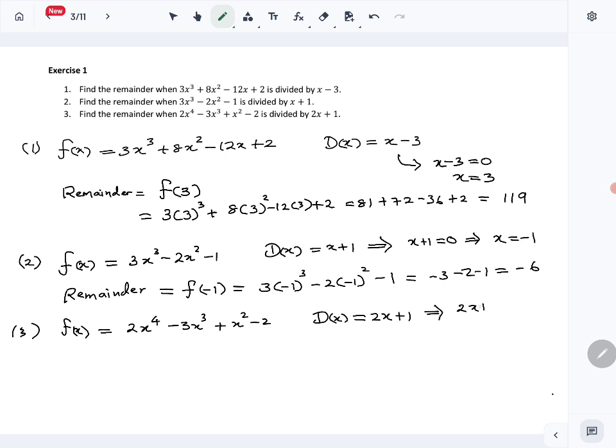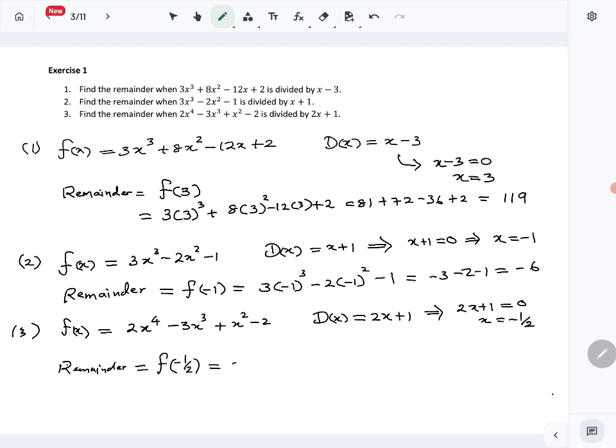Equate it to 0 and find the x value. So you get x equals minus half. So the remainder is going to be f of minus half. You substitute x equals minus half here. So the remainder when this polynomial is divided by 2x plus 1 is f of minus half.